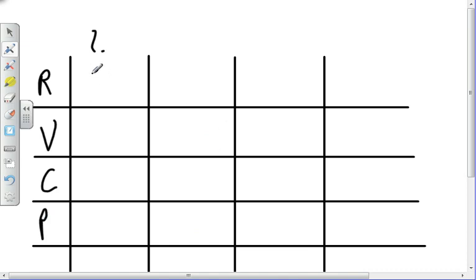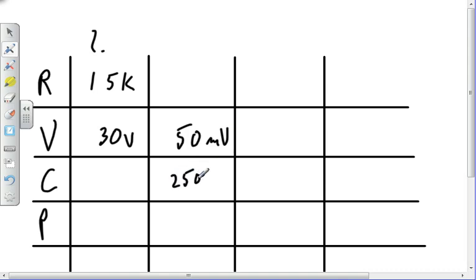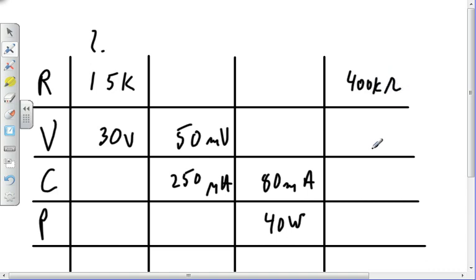Okay, and I got 15K, I got 30 volts, I got 50 millivolts, 250 microamps, 80 milliamps, 40 watts, 400 kiloohms, 50 milliwatts, and that'll get us halfway done.